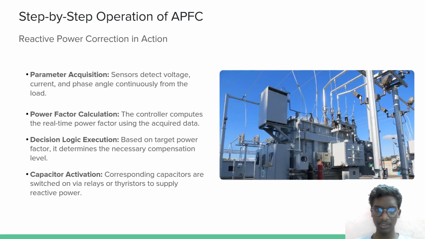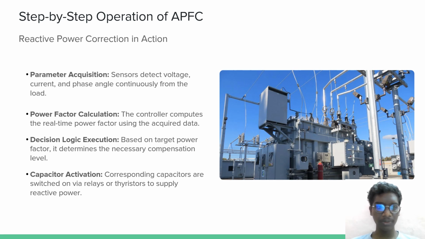Step by step operation of APFC, reactive power correction in action: parameter detection, power factor calculation, decision logic execution, capacitor activation. Sensors detect voltage, current and phase angle continuously from the load. Power factor calculation.